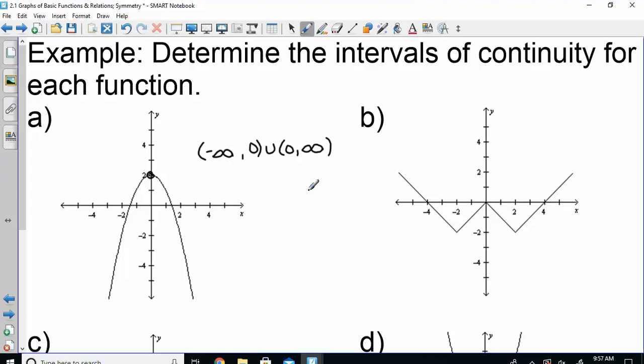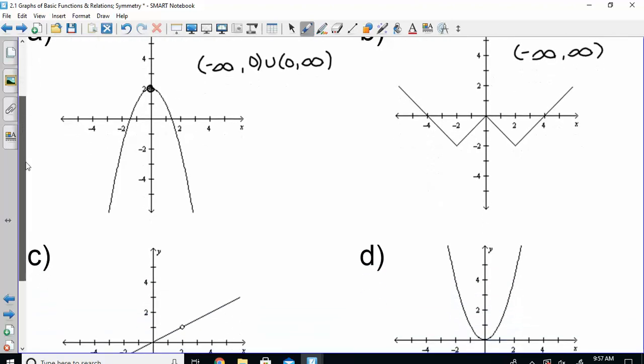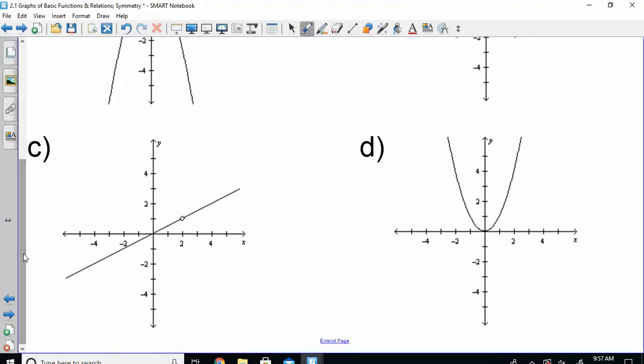All right, if I look at B, where is that one continuous? Everywhere. So we would put negative infinity to positive infinity. All right, you guys do C and D for me real quick. Write down where those are continuous.